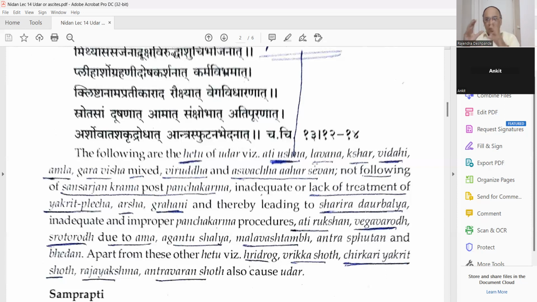So alcohol, pitta prakop, liver damage. After a few days, after a few years, liver cells are totally damaged. First, it is only hepatitis. Write down alcoholic hepatitis. Okay.